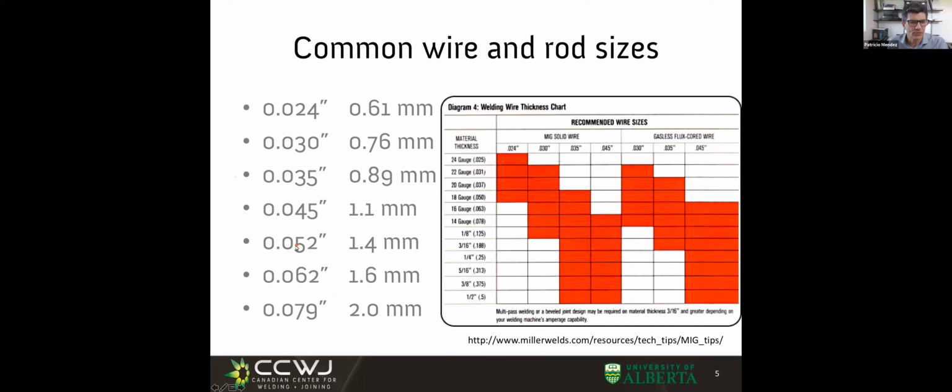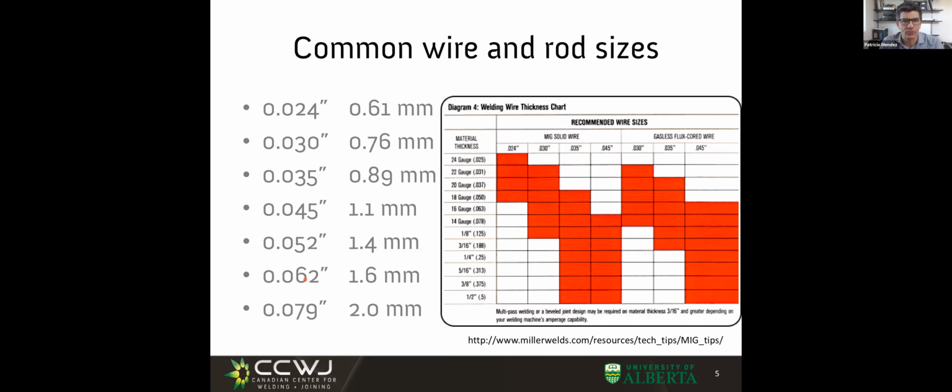For heavier sections, the fifth and the sixth, right? 0.024, seldom used. 2 millimeter wire, very seldom used, especially when it's solid. But these other diameters, 0.03, 0.035, 0.045, 0.052, and 0.062, that's 1/16 of an inch, are commonly used.